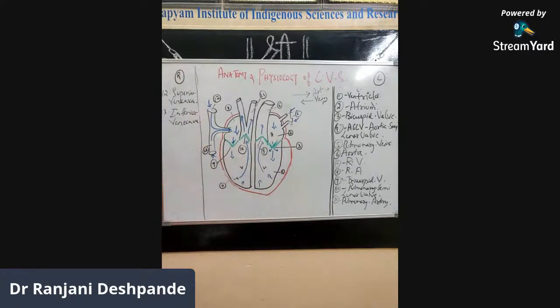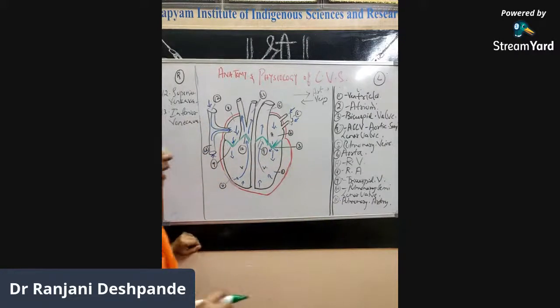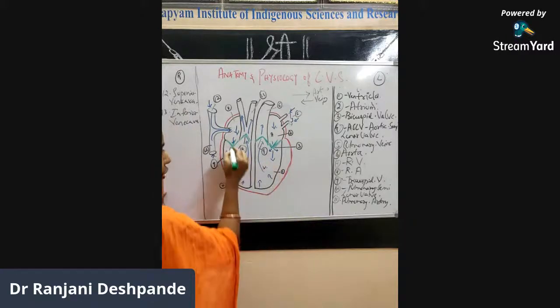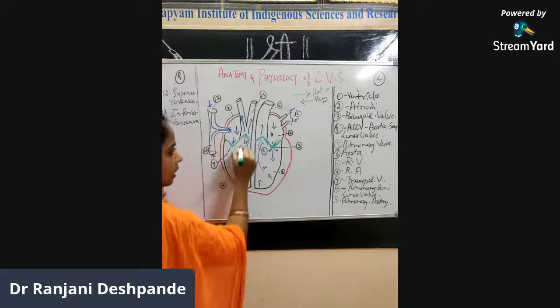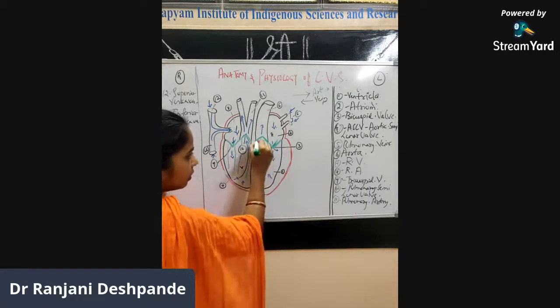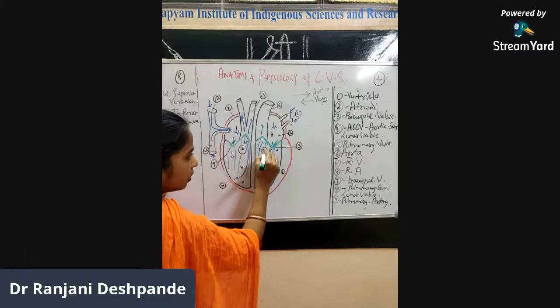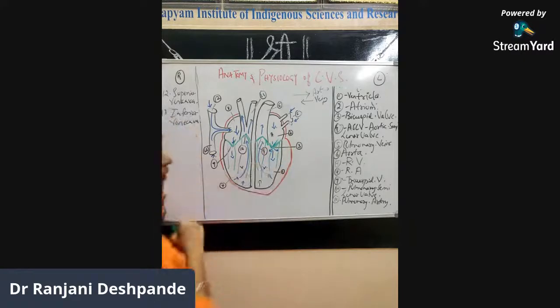So there is an extra anatomical structure that we can see here. There are certain tendinous structures moving from the valves.